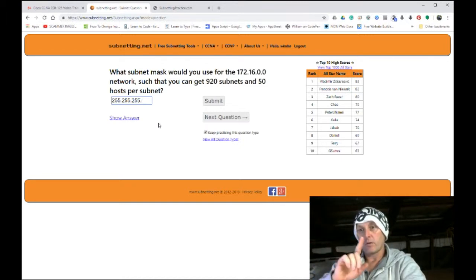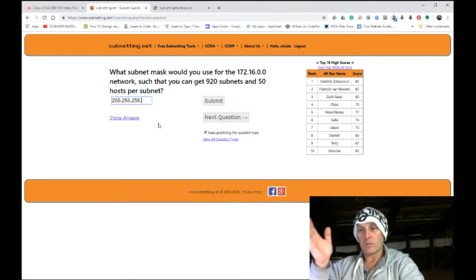So if you go 255.255.255.128, that is a /25, and that will give you 126 hosts, with a block size of 128.